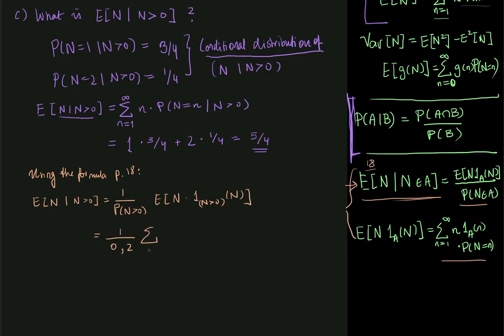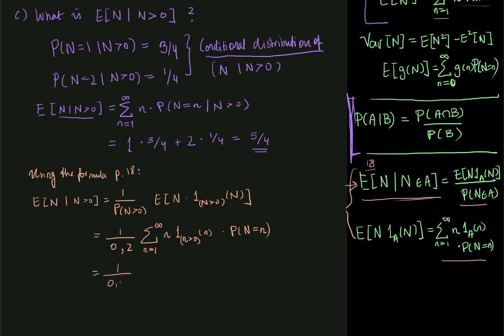So it's equal to the sum where we let n go from 1 to infinity, and it goes from 1 because the first term for n equals 0 cancels out anyways. So it's the sum of n multiplied by the indicator of n being greater than 0, multiplied by the probability that our variable attains the value n.